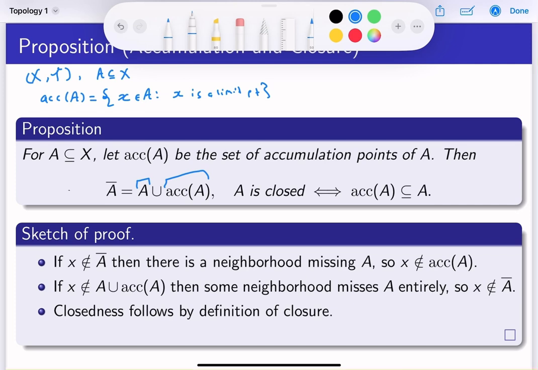So we're going to prove it quickly. And more importantly, a set is closed if and only if it contains all of its limit points. So a set A is closed if and only if all of its limit points belong to it.